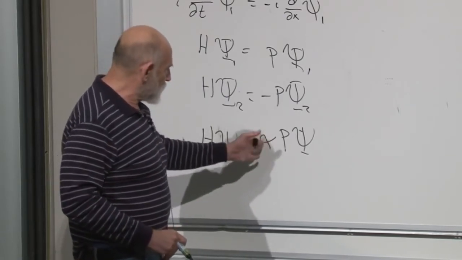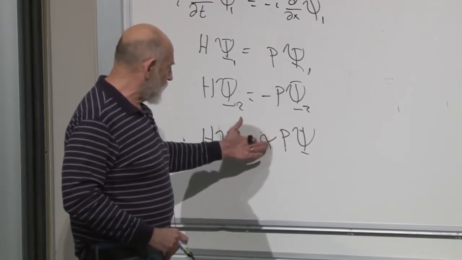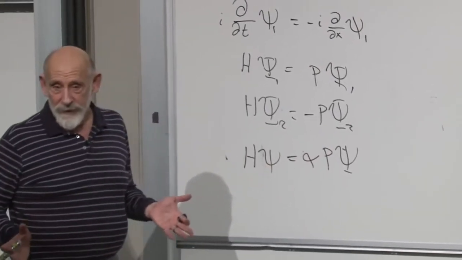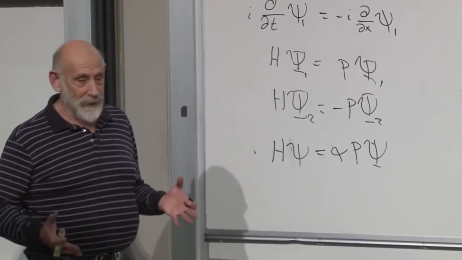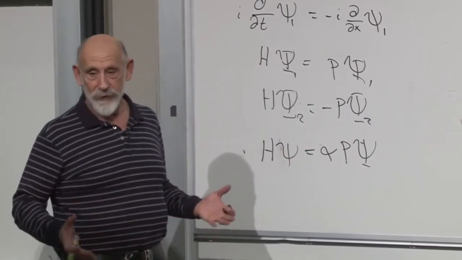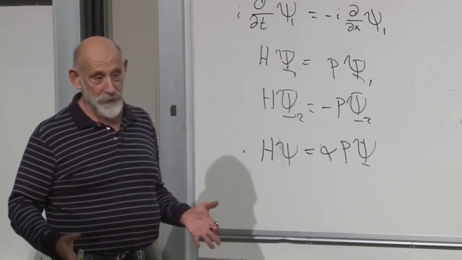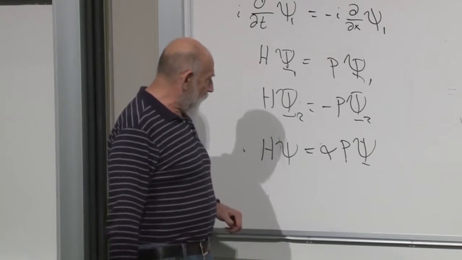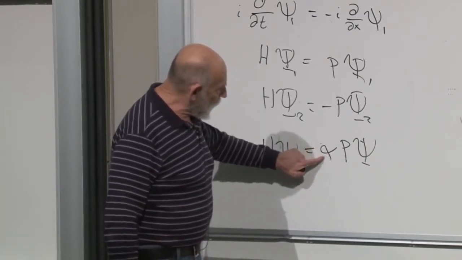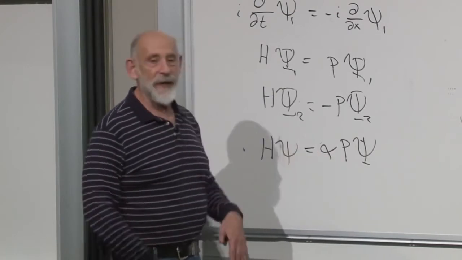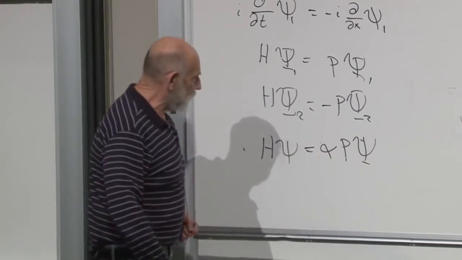This looks like it wants to be some sort of product of a degree of freedom with p, but p is a vector. What do we get to multiply by vectors to make things which are invariant? Other vectors. We take dot products of vectors. So here's what Dirac thought to himself. He thought this alpha here must be a vector if we're going to multiply it by p and make something which is rotationally invariant.